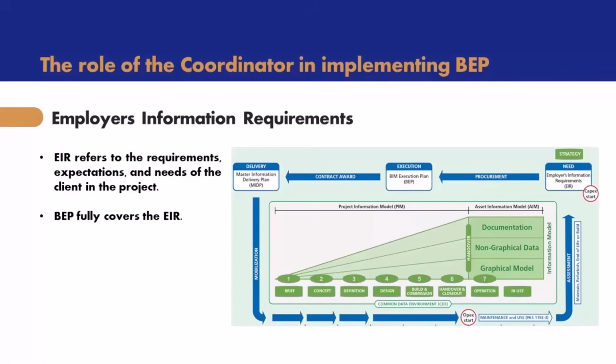And as you can see this diagram, this is from the standard 1192. Well, here it is said that we receive from the client and then we will design a BEP based on it. Well, we have two types of BEP. Pre-contract BEP, post-contract BEP.